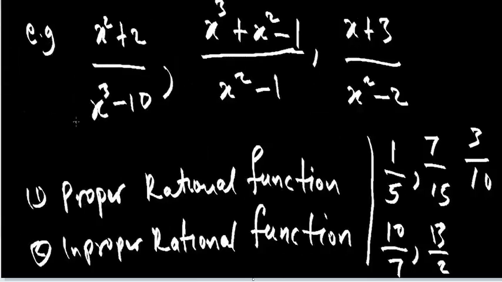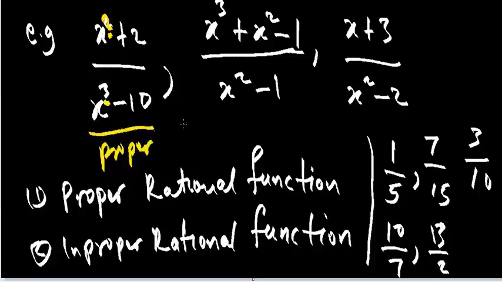Now if we look at the rational functions that we have here, we use the degrees, which are the powers, to determine whether the denominator or the numerator is greater. Here the degree of the denominator is 3, x cubed, and on top we have x squared. Since 3 is greater than 2, this is a proper rational function.